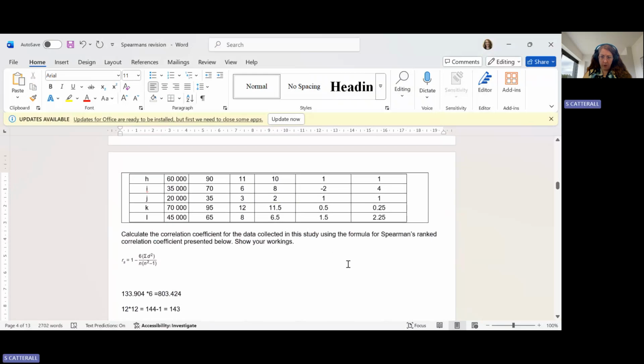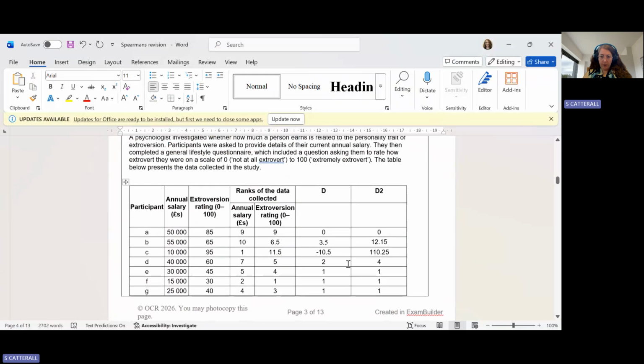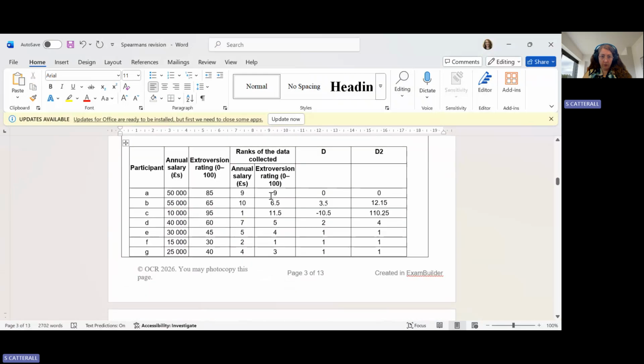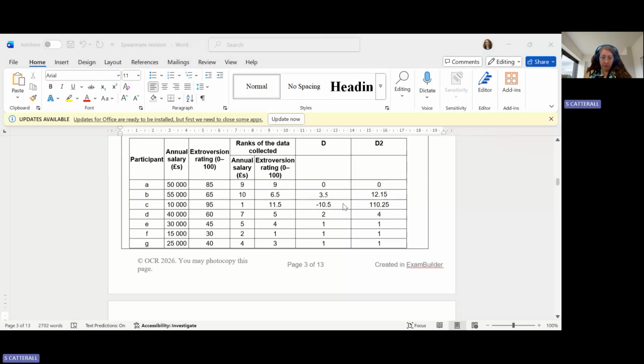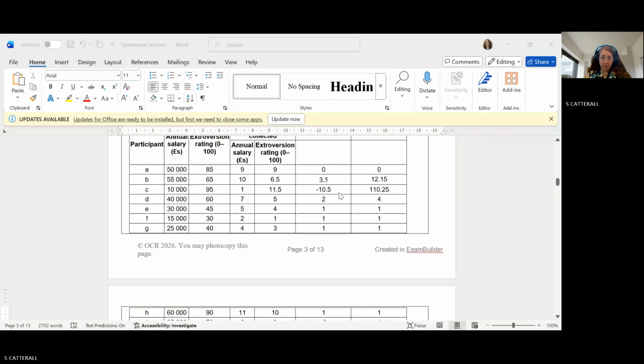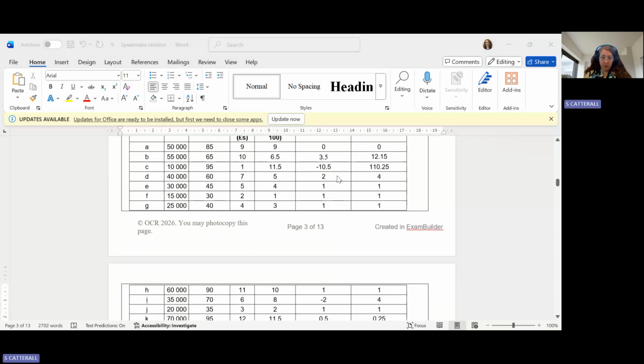We got 133. Let's go back and check our calculations to see if we've got a mistake anywhere. 10 minus 6.5. 10.5 minus 2 is 3.